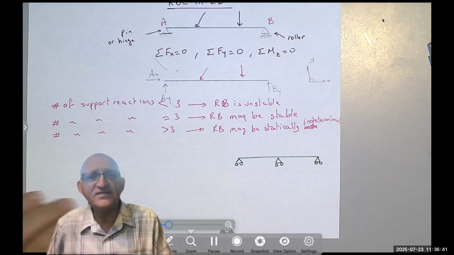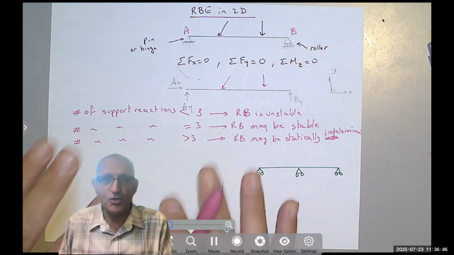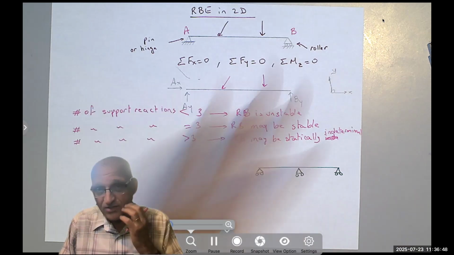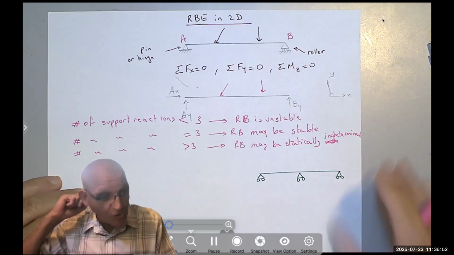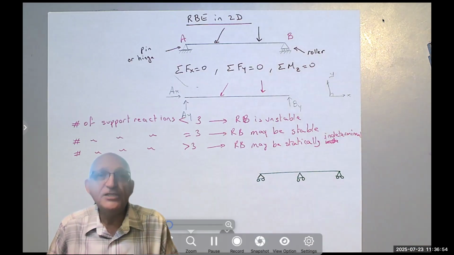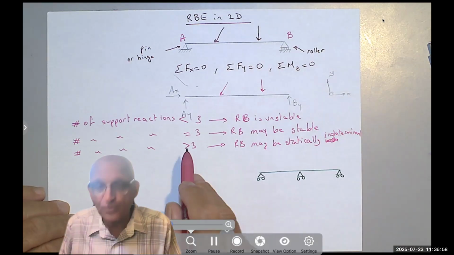What's the meaning of statically indeterminate? It means using statics alone. That's what we are using here, is statics, right? Nothing is moving. So using statics alone, you will be unable to determine all the support reactions.